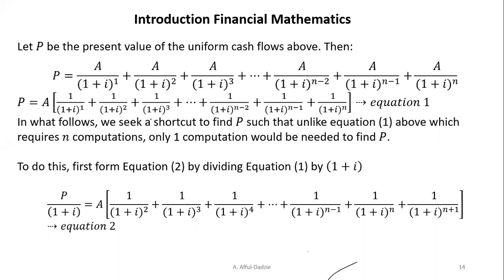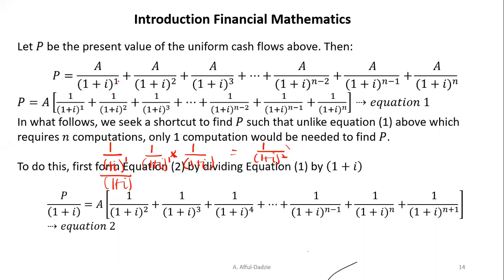Think about it: if I take the first one, 1 over (1 plus i) to the power 1, and I divide by 1 plus i, it's like you're going to multiply, because this is division. So 1 times 1 over 1 plus i gives you 1 over (1 plus i) squared. That's the exact same thing.